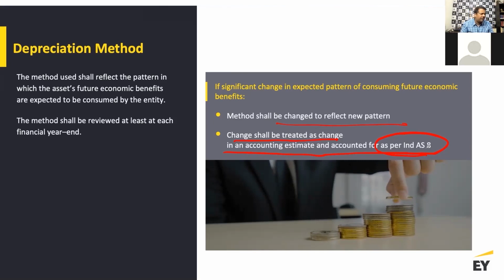They are not accounted for as a change in accounting policy, even though if you are changing the method of depreciation, it has actually a component of both, right? The policy and the estimate, so to say. But from an accounting standard perspective, it is considered a change in accounting estimate, and that is required to be accounted for on a prospective basis.